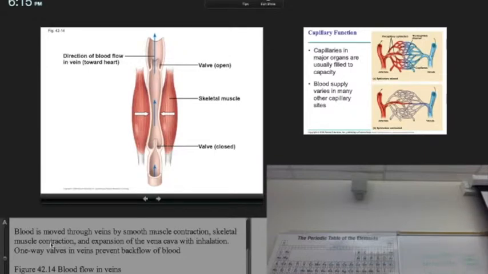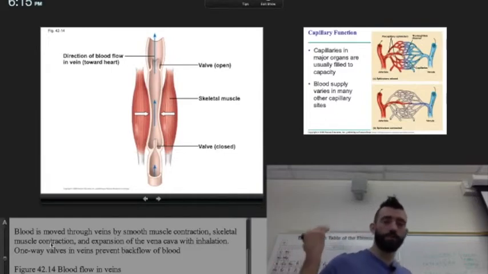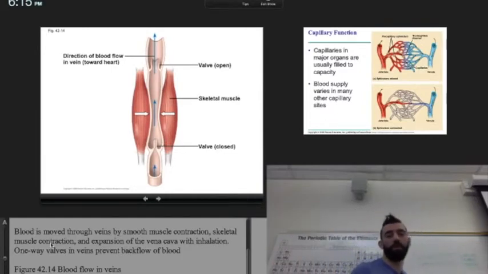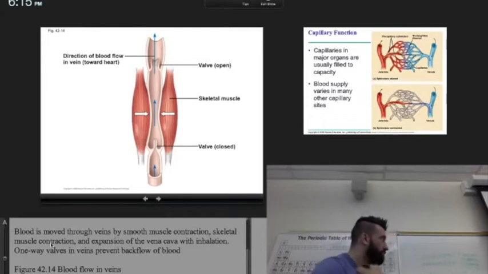Okay, so it's not just smooth muscle contraction that enables blood to return to your heart from your veins. Skeletal muscle contraction is also involved in this. As you're walking around, you're actually facilitating returning blood to your heart.